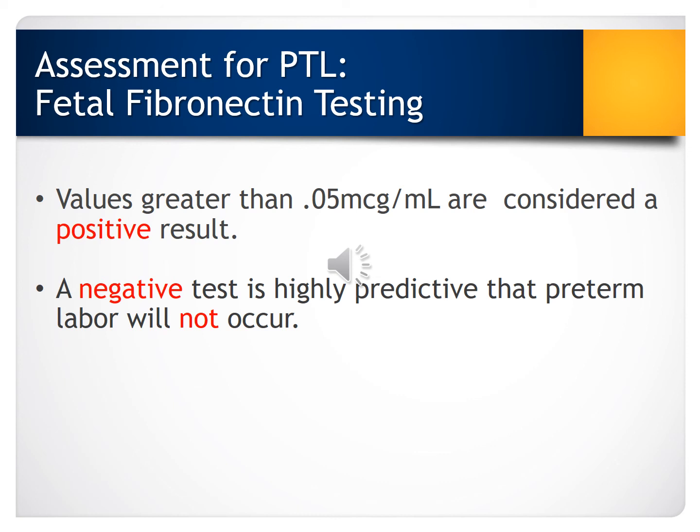But we know that if we do that test and that glycoprotein isn't present, that's more predictive that preterm labor will not occur. So we use that as an assessment to tell us that this woman's not at risk, or that preterm labor is not imminent.